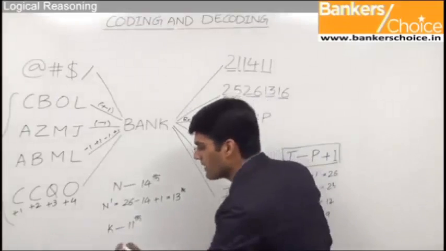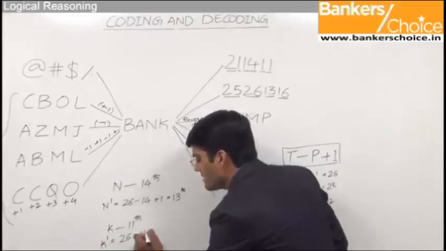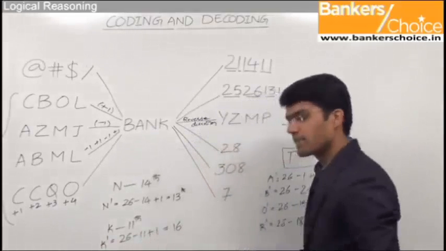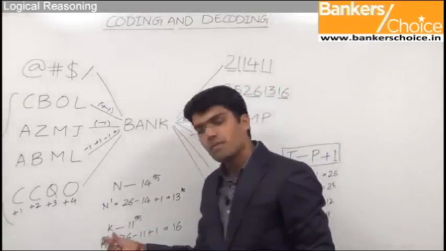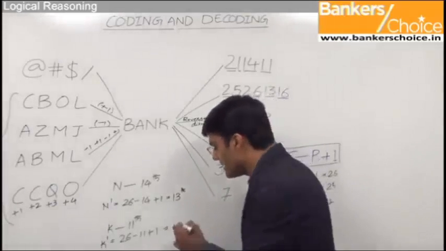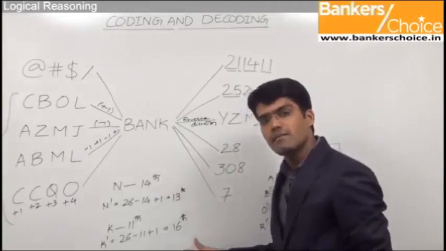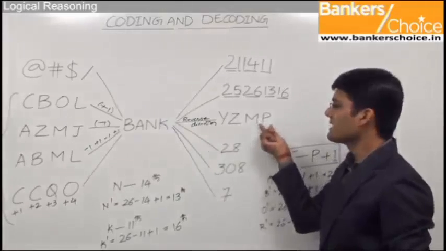So from the reverse alphabetical order, the position of K will be 26 minus 11 plus 1. And that comes out to be 16. So we can say that the letter which comes in place of K from the reverse alphabetical order will be nothing but the 16th letter in the alphabetical order. And we know that the 16th letter in the alphabetical order is P. So that's how the letter K here is replaced with P.